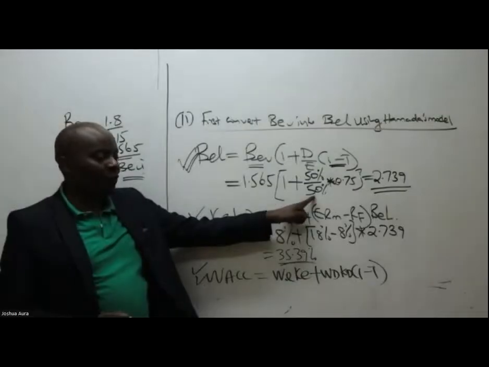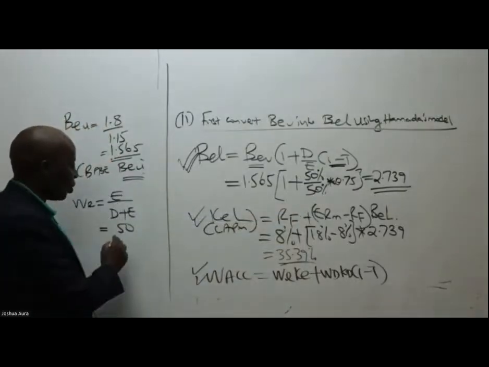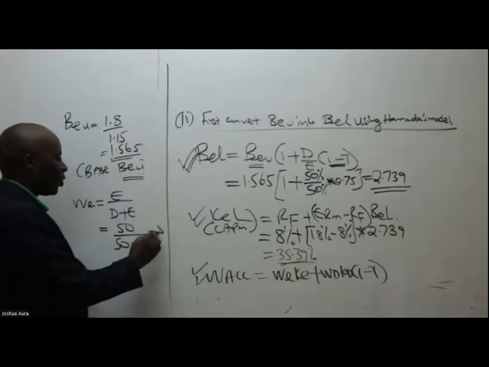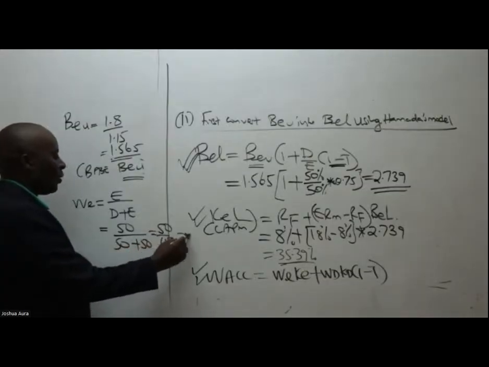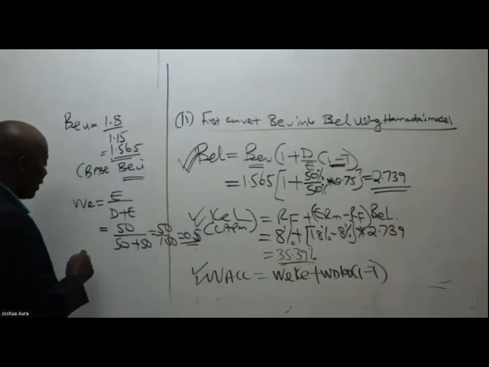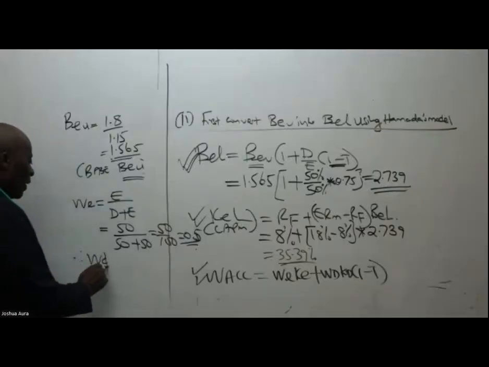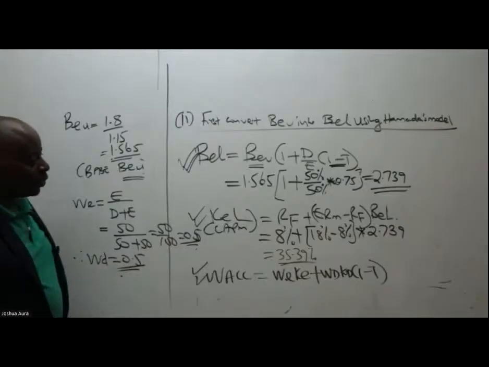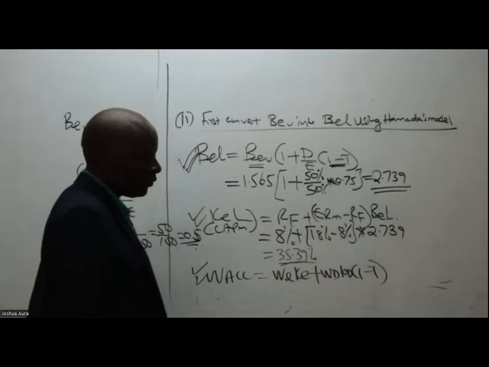All over debt, which is 50, plus equity, which is 50. So this will be 50 over 100, which is 0.5. And the moment I've gotten weight of equity, therefore, weight of debt will also be 0.5.